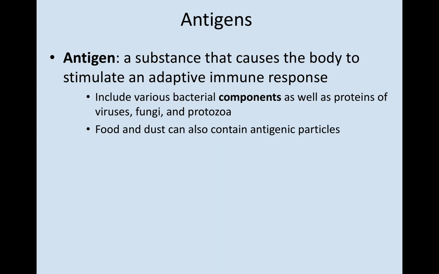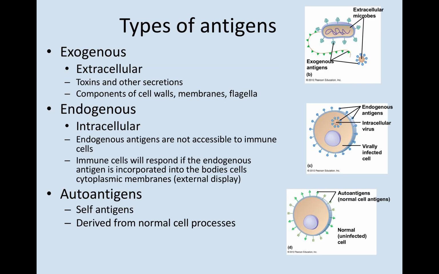So again, an antigen is a substance that causes the body to activate the immune system. It includes various bacterial components, viruses, fungi, protozoa; food and dust can also be antigenic particles as well. There are 3 types of antigens. There's exogenous antigen or extracellular antigen, so outside of our host cells.